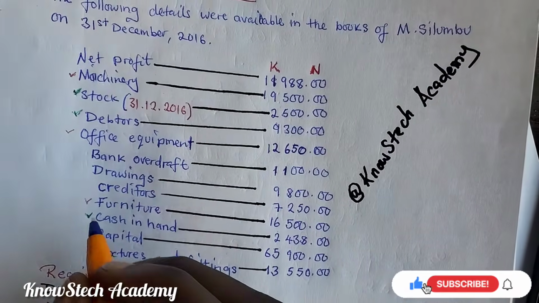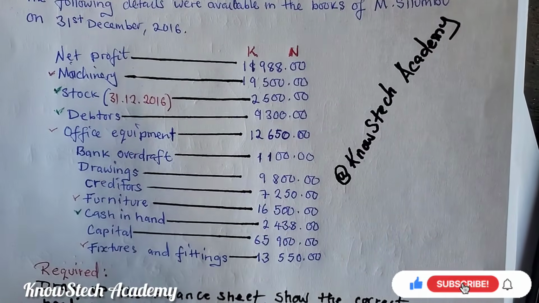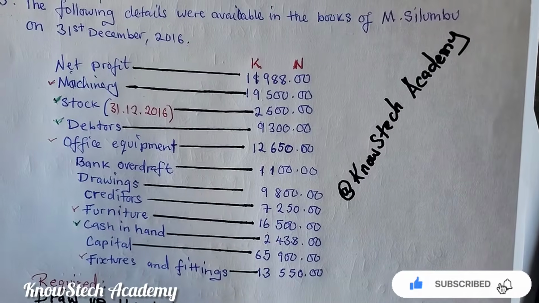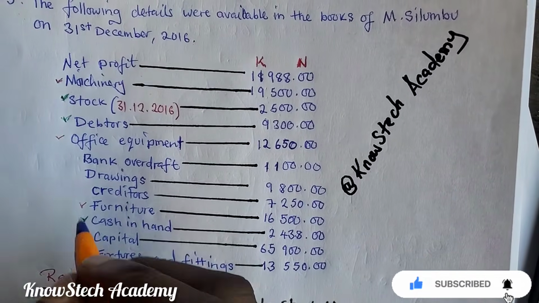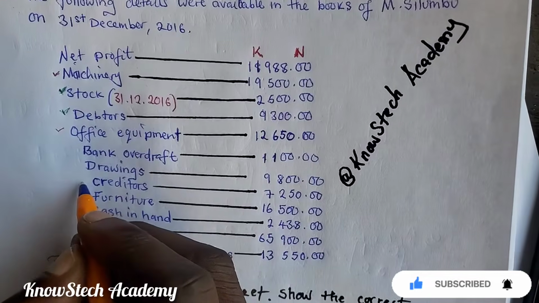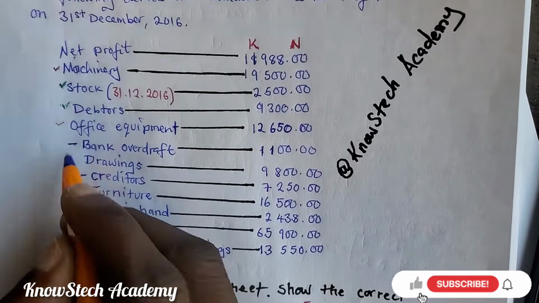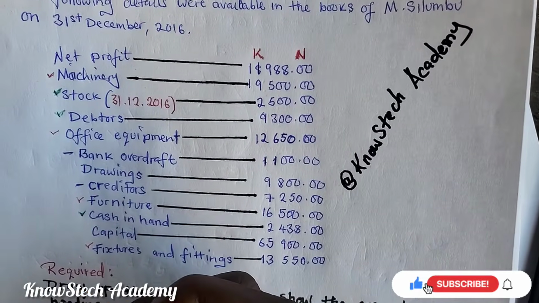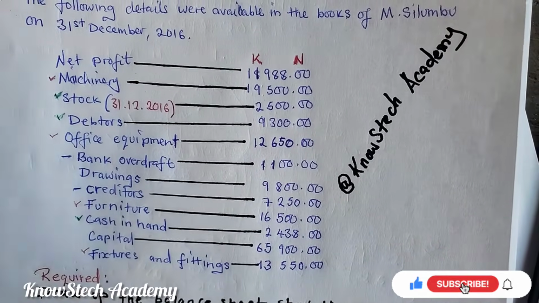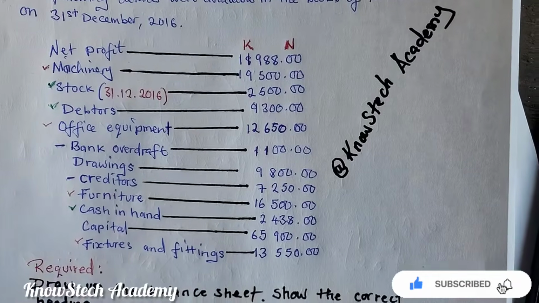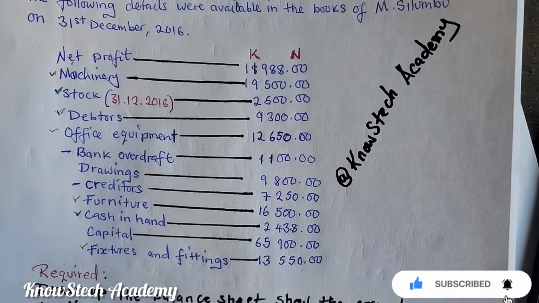We're going to use a blue pen here to identify the current liabilities. Creditors are current liabilities, so we have one here, and bank overdraft. So according to this, we have two current liabilities: creditors and bank overdraft.